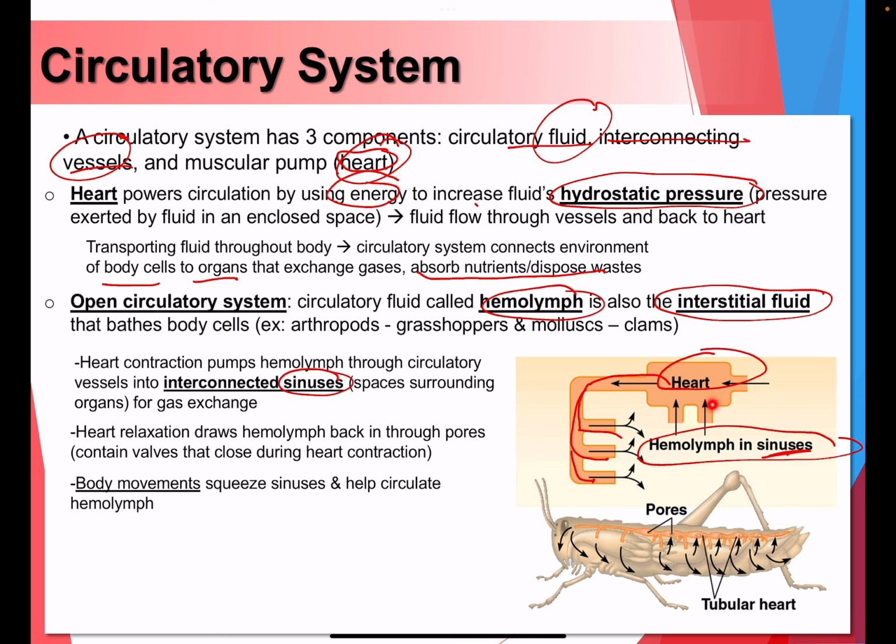These pores have valves that close when the heart contracts. So when the heart contracts, the valves are closed off, which forces the hemolymph to move into the vessels and into the sinuses. When the heart relaxes, the valves open and the fluid is drawn back into the heart. That's how it circulates.